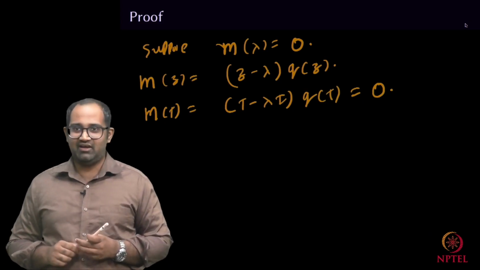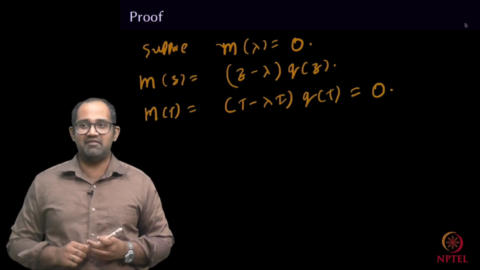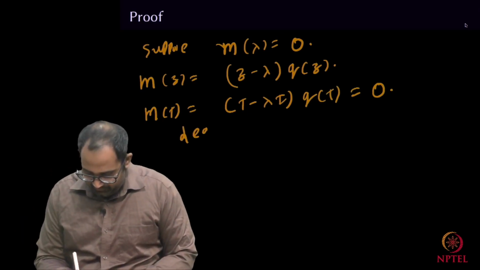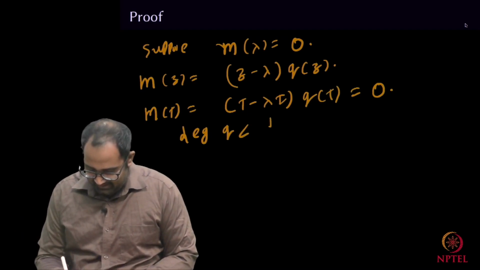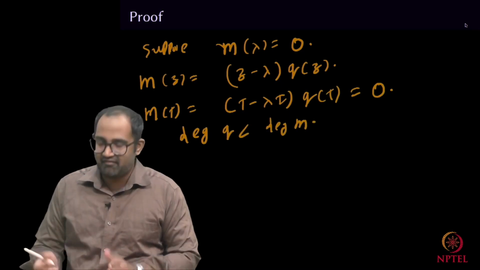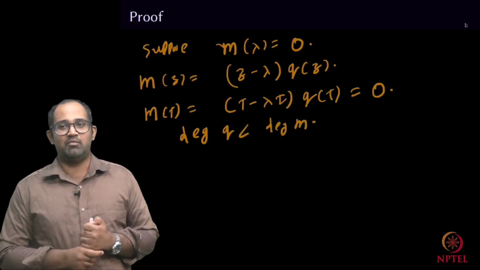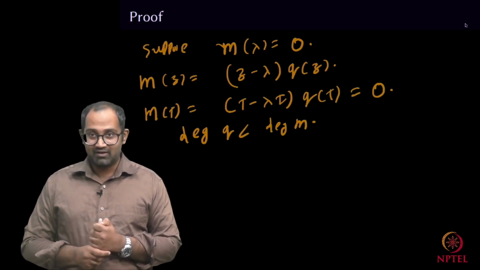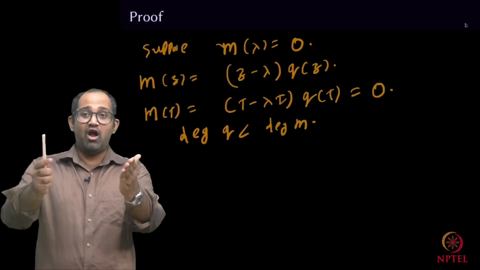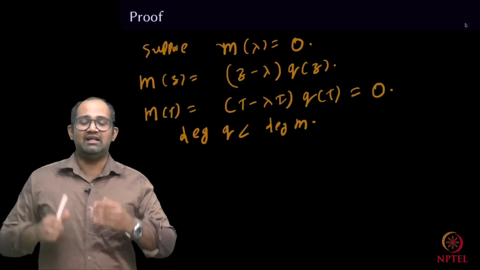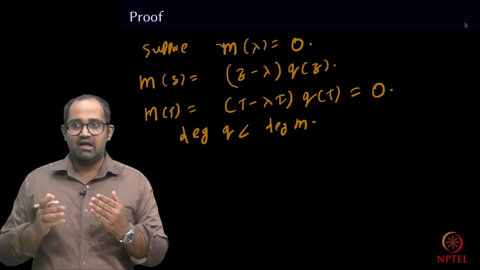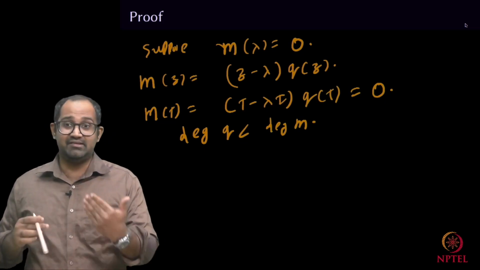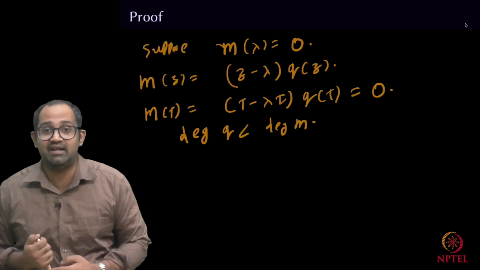The proof is actually complete, and it's complete for a very, very clever reason. Well, the degree of q is less than the degree of m because I have factored out one of the monomials. So q cannot be an annihilating polynomial, because the annihilating polynomials are all divisible by m, or alternatively m is the lowest degree possible annihilating polynomial.